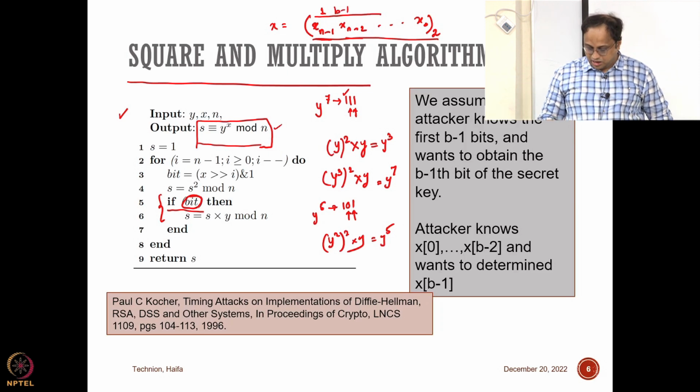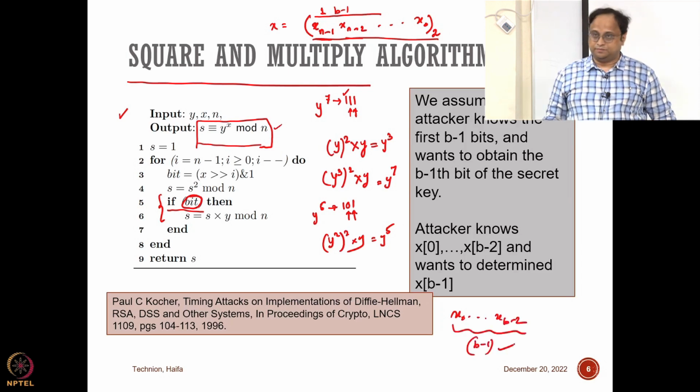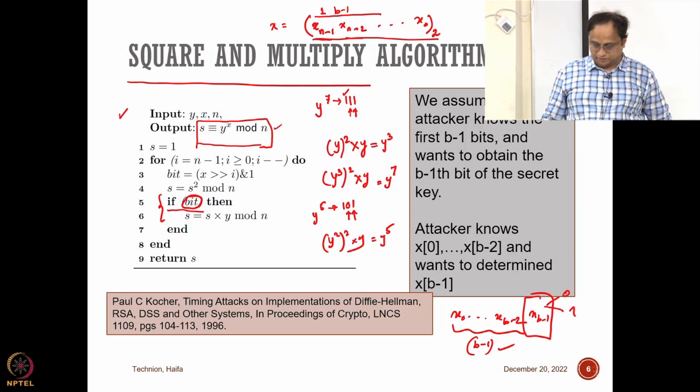That means that from x0 to x b minus 2, these b minus 1 bits are already known to me as an attacker, suppose. Okay. And I want to obtain the next bit which I don't know, which is x b minus 1. So this bit can be either 0 or 1. It can take any of these two possible values.